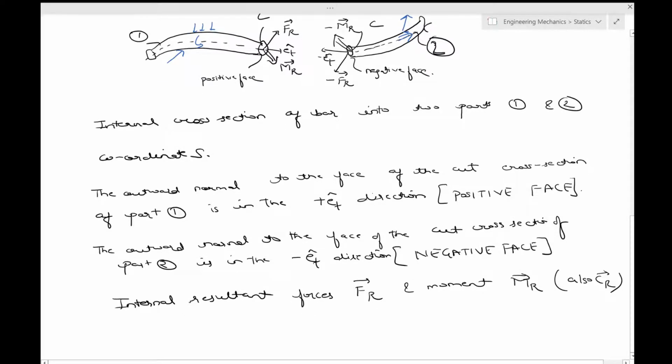On the positive face we show it as Fr and Mr. On the negative face it will be minus Fr and minus Mr.